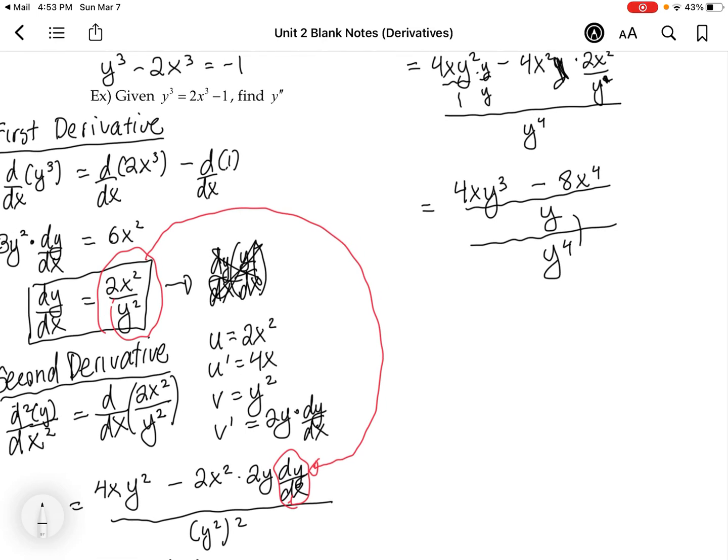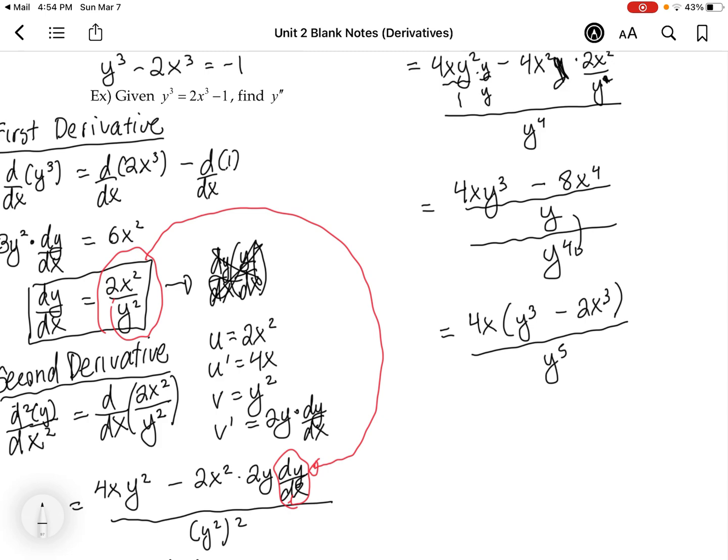Firstly, I can bring this y down into the denominator. And secondly, I can factor the numerator because I've got a common factor of 4x. So I'll factor that out. And I have 4x times y cubed, that's in the first term, minus 2x cubed, that's in the second term, over, and now I have y to the 5 in the denominator.